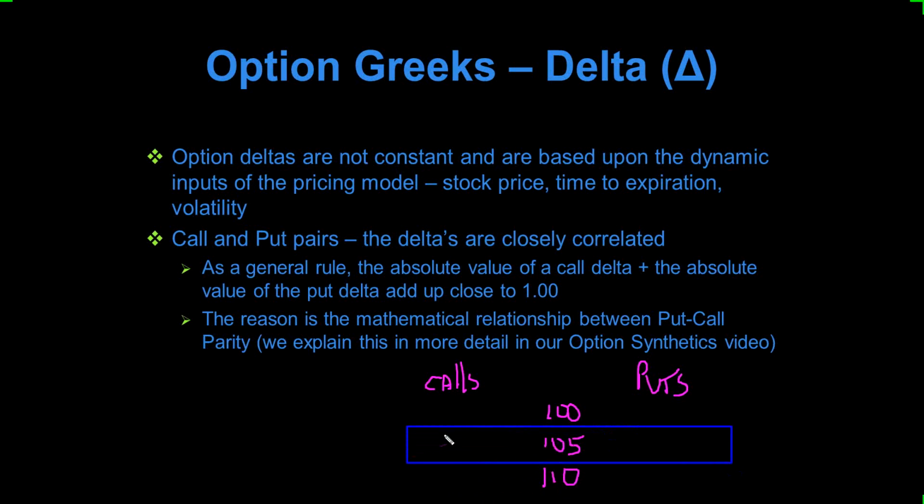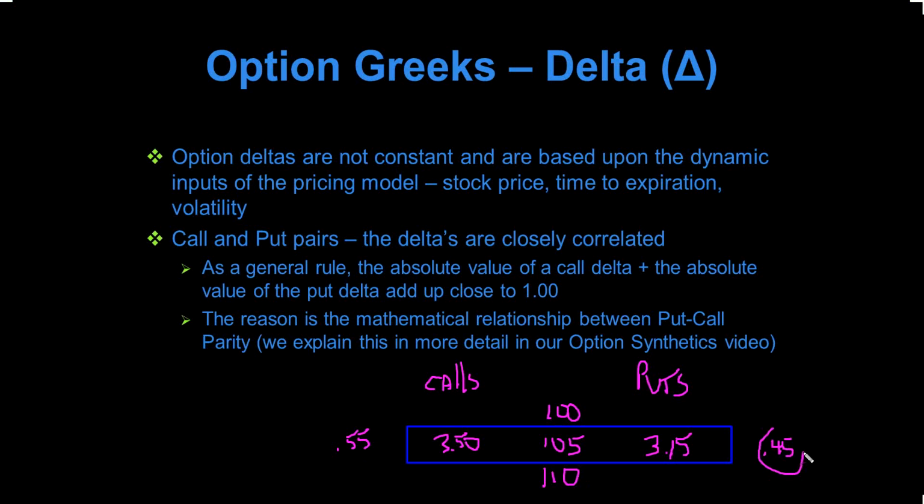The price of this, let's say, is $3.50, and the price of this is, let's say, $3.15, something like that. Well, the delta over here may be 0.55, and the delta over here may be 0.45.